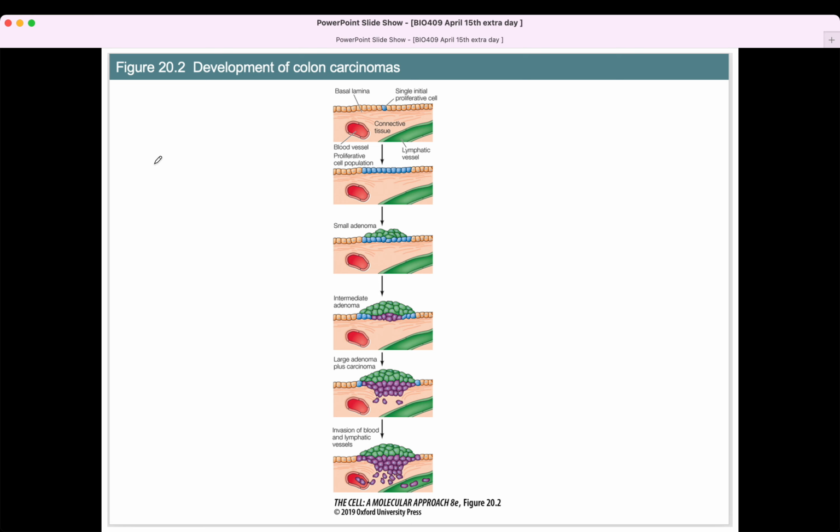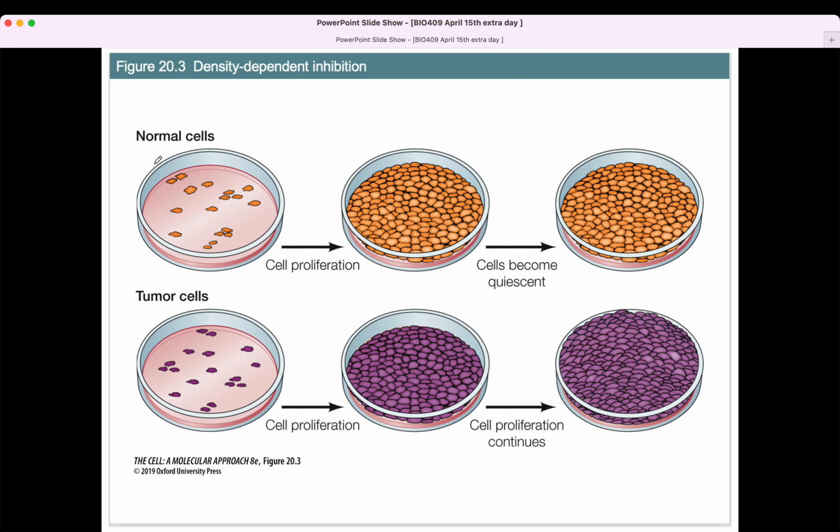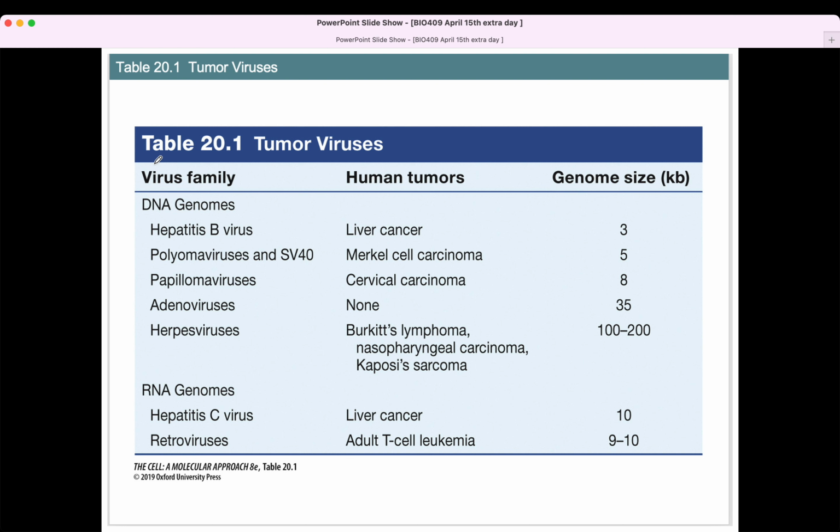Some of those are represented here. And the cells grow, and they start to spread and invade other tissues. Here the book is talking about contact inhibition, and that tumor cells lack that contact inhibition. They're also immortal.